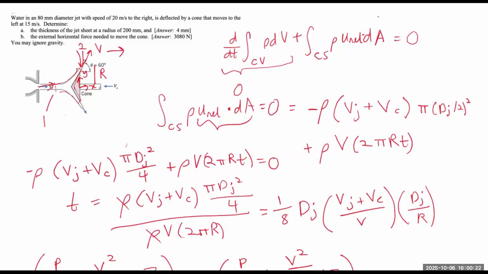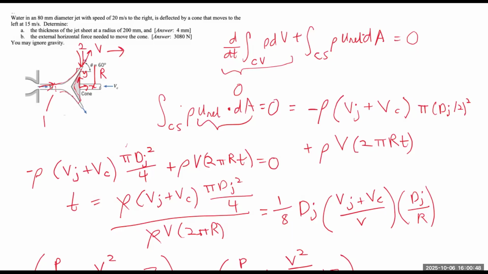Let's think through why we chose a coordinate system fixed to the cone for part A. It was to simplify certain aspects because we can assume that the flow is streamlined and at steady state, and that's something we can only do if our frame of reference is fixed to the cone.